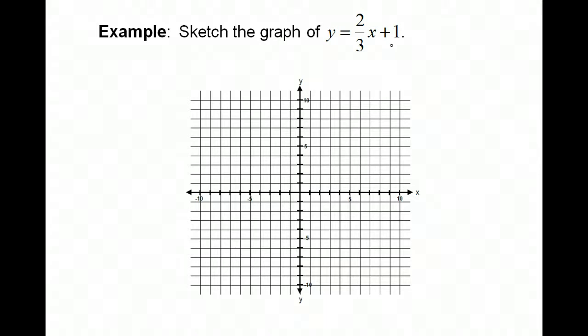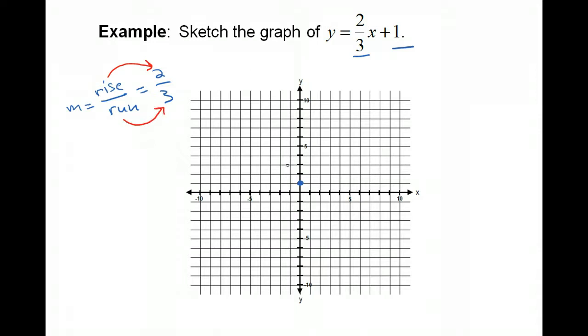Well, first of all, we know that 1 is the y-intercept, so we come to our graph and we put our first point on. We know that 2/3 is the slope, so m equals the rise over the run, which is 2/3. That means from my y-intercept, or actually between any points, I am going to rise 2 and then run 3.